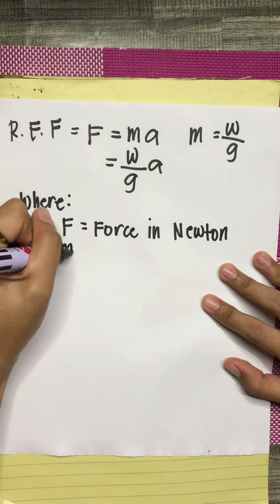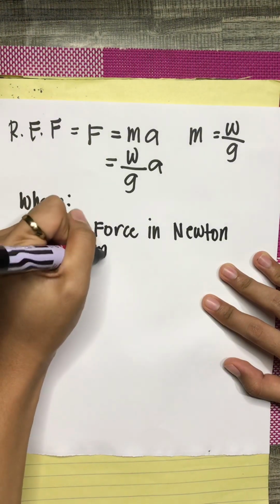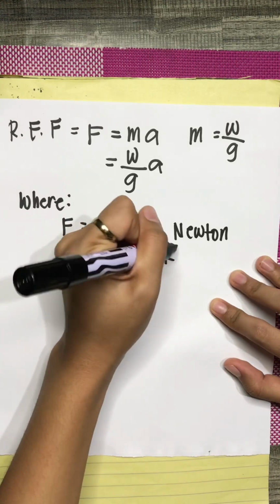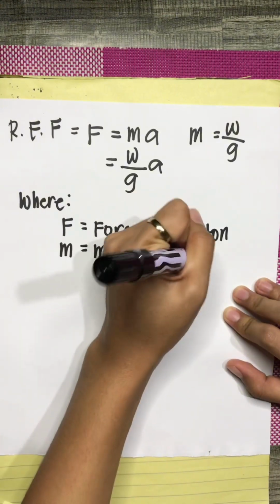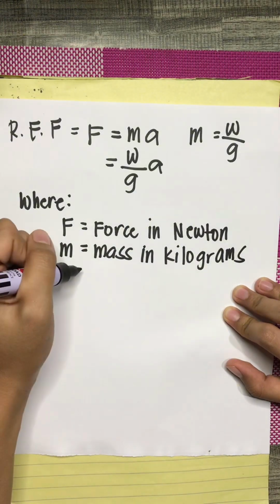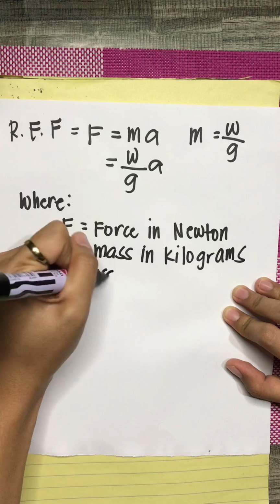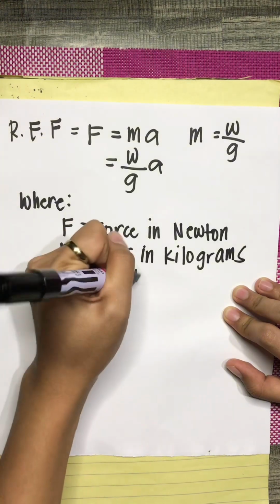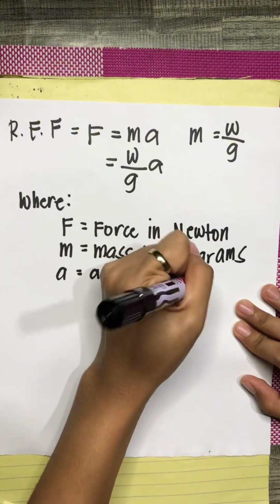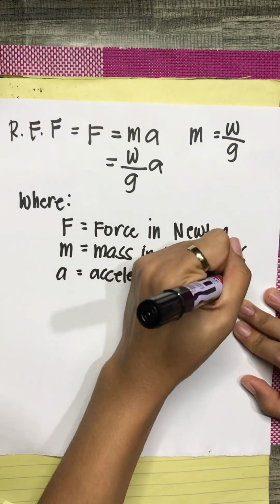Then M is equal to mass in kilograms. Then A equals acceleration in meter per second squared.